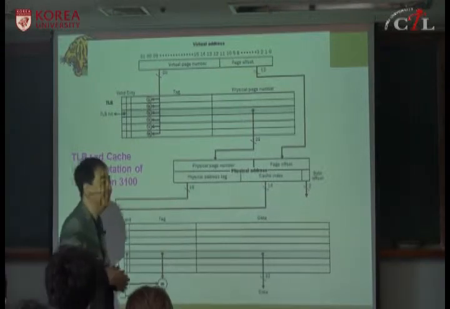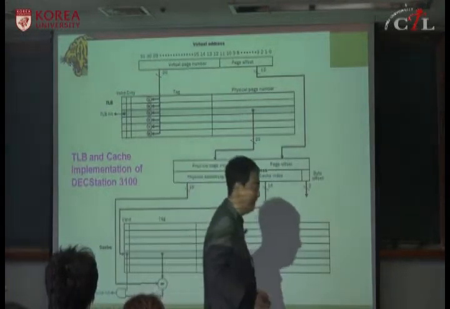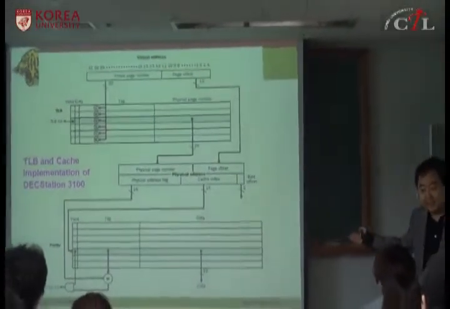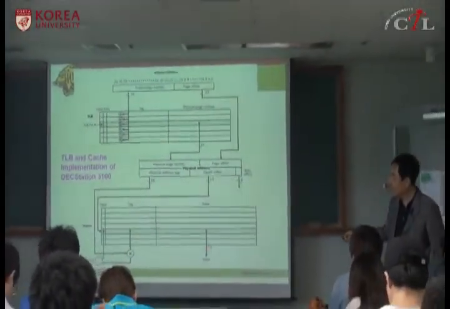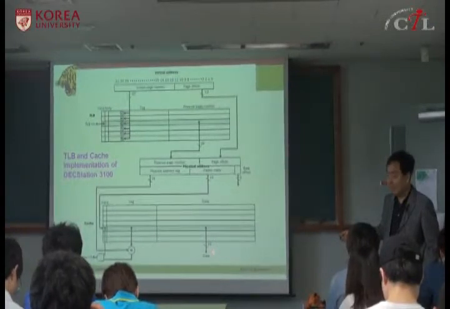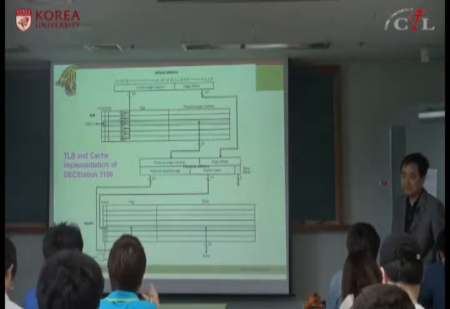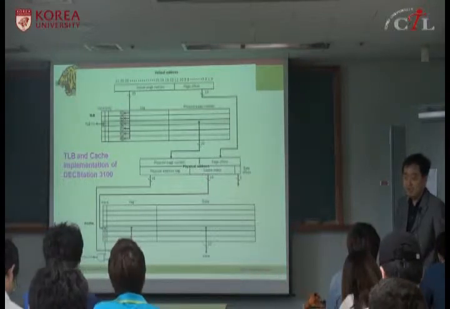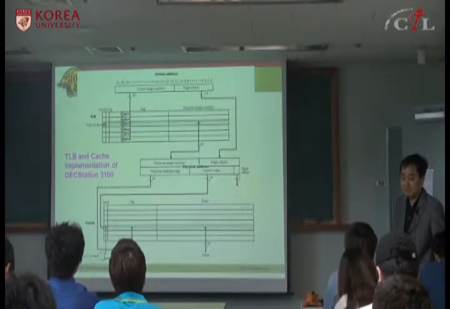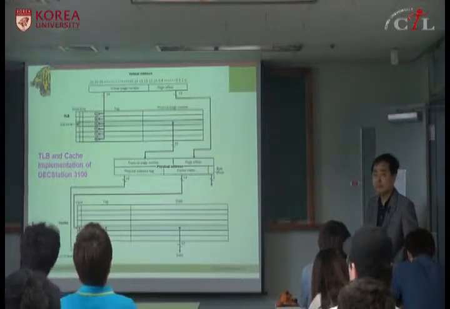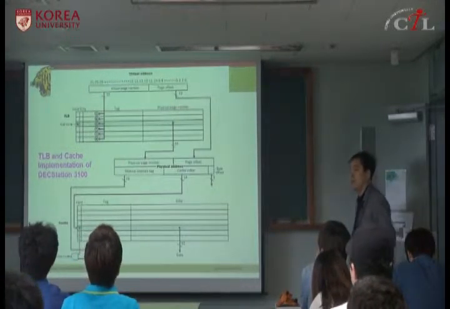That's too simple. How many blocks are in this cache? It is a direct mapped cache with 4 byte blocks. You can figure it out also. How many blocks?